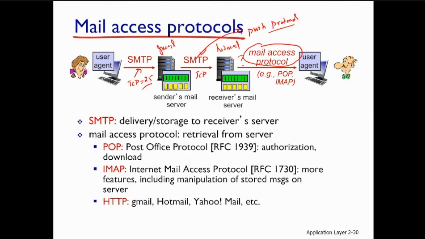We have POP, that is Post Office Protocol. The version being used at the moment is 3, POP3. Or the alternate option is IMAP, Internet Mail Access Protocol. At the moment its version is 4, IMAP4. So either Bob's user agent will use POP3, Post Office Protocol 3, or IMAP4, Internet Mail Access Protocol 4, to access email from Hotmail.